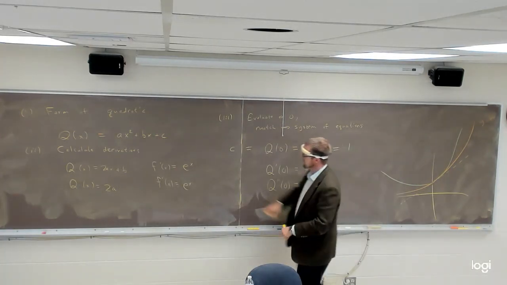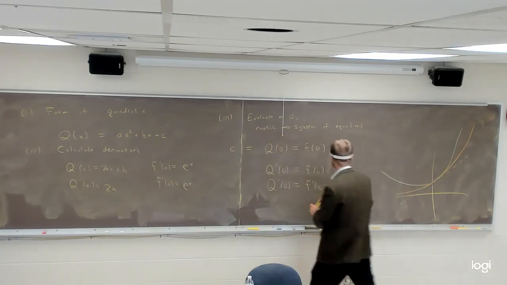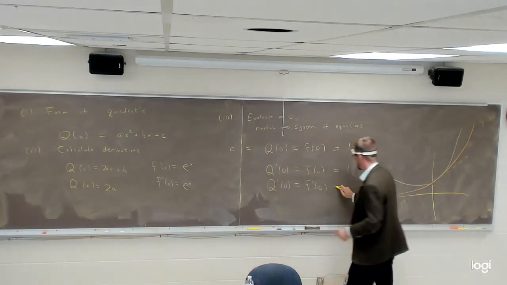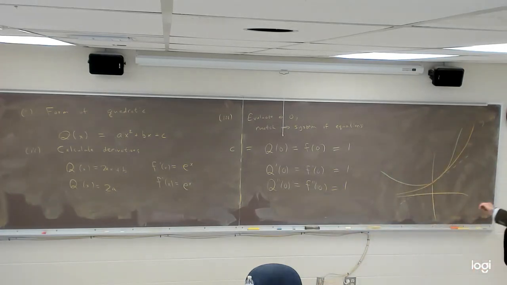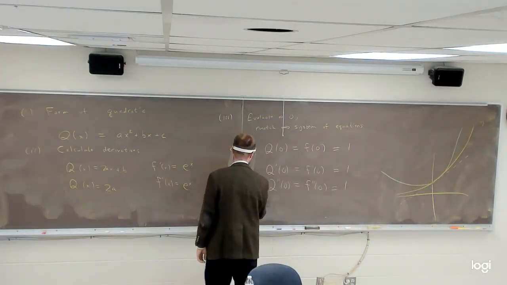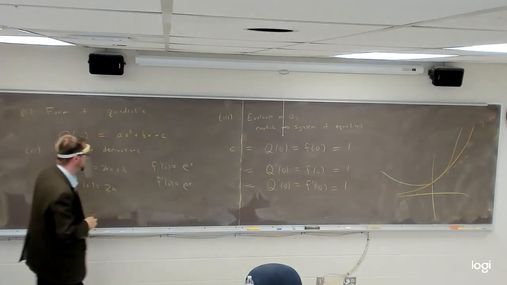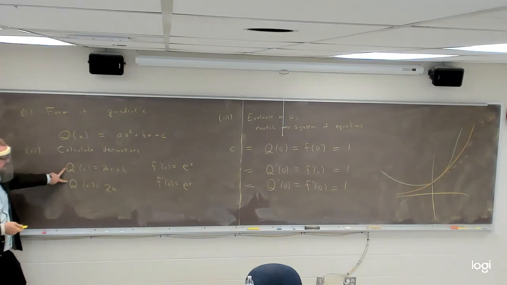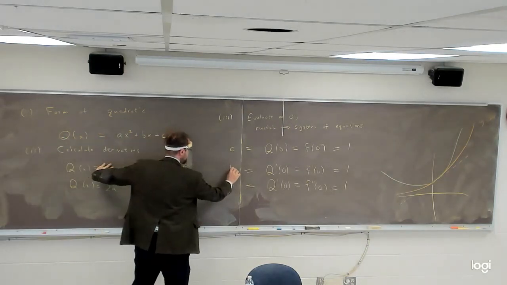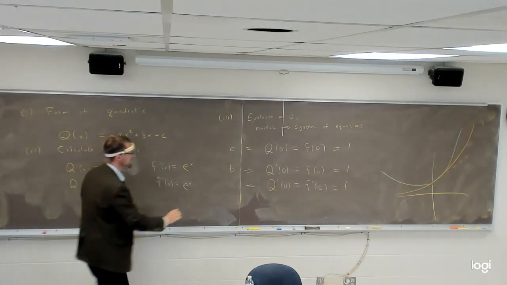f prime of 0, that's e to the 0, which is 1. And f double prime of 0 is e to the 0, which is 1. And here, I'm evaluating these at 0. So 2 times a times 0 plus b, and 2 times a.